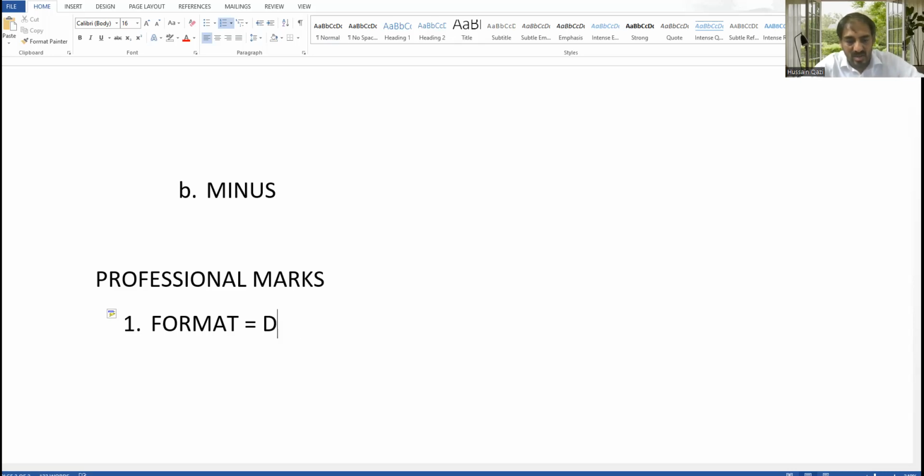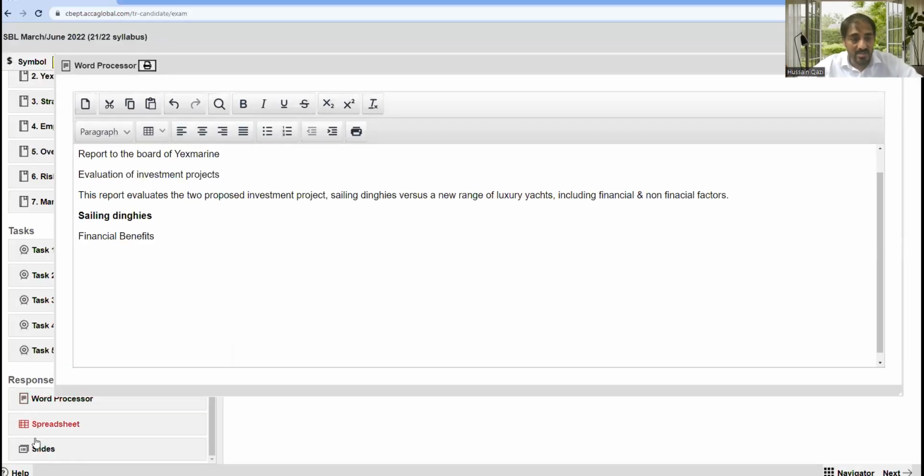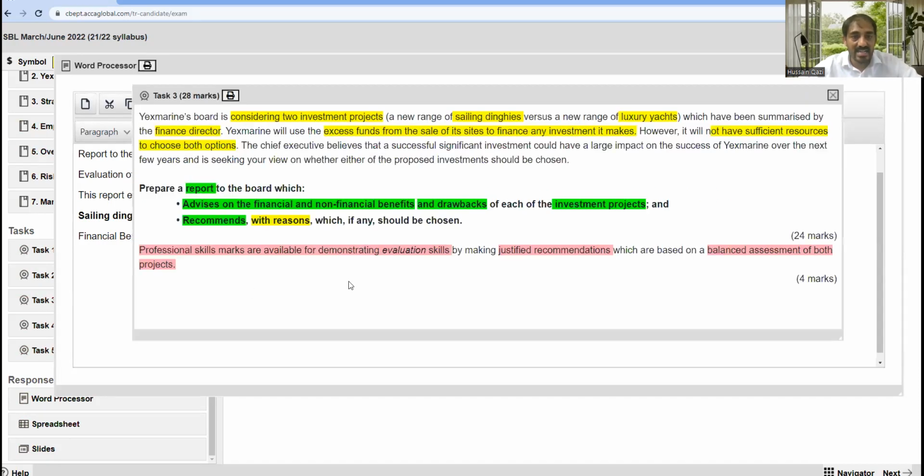Number two, what is the tone here? What is the professional marks tone here? What did the examiner mention? Most of the times the examiner mentions the tone, that is with the finance, that's evaluation.